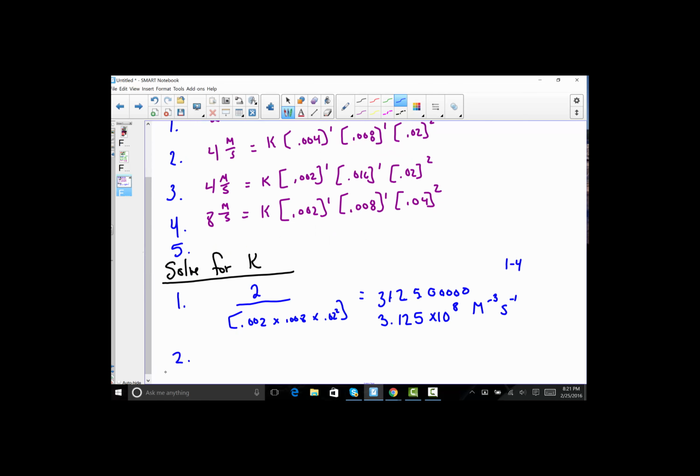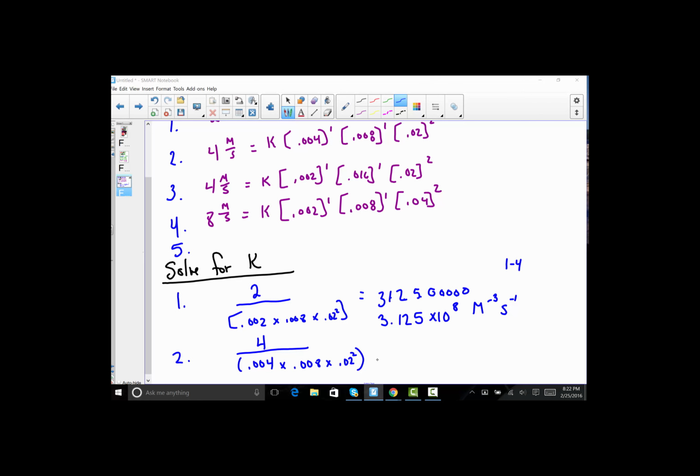Keep going. You want to keep doing this over and over. The relative rate of 4 divided by 0.004, first order, times 0.008, first order, times 0.02 squared, because it's second order. Let's see how our relative rates compare.